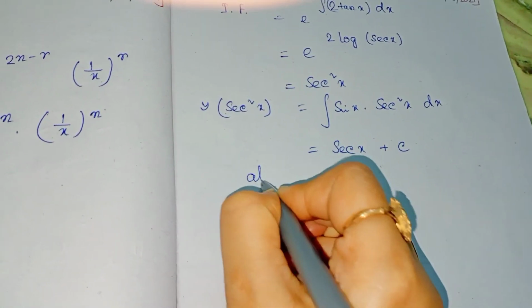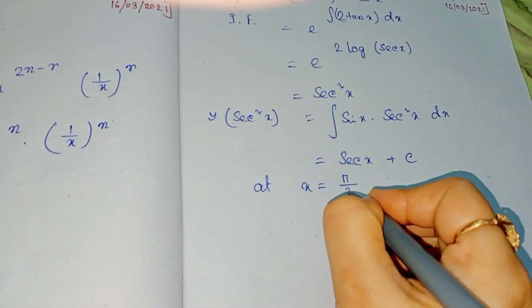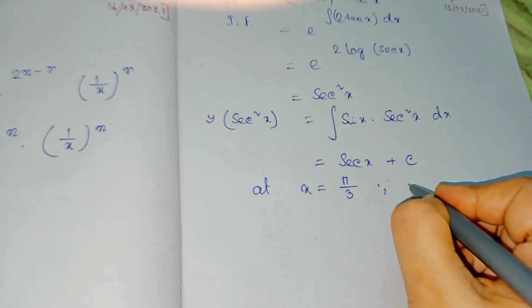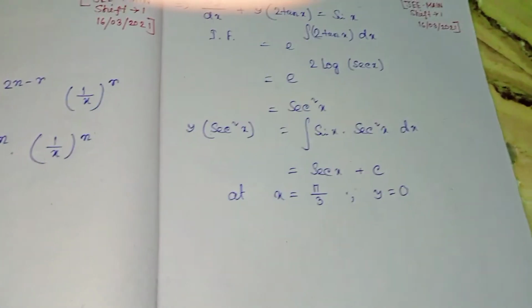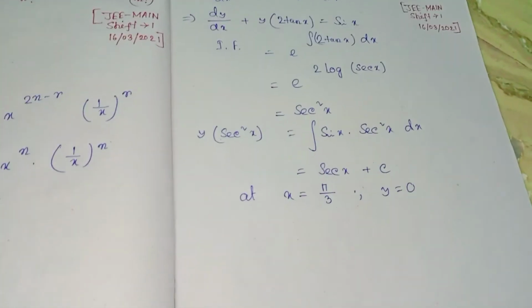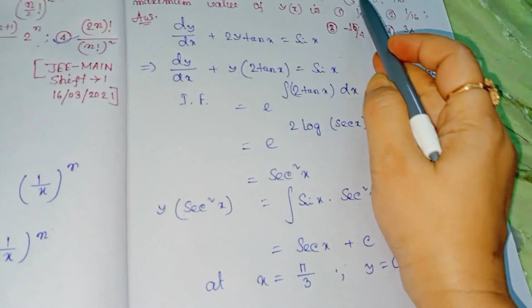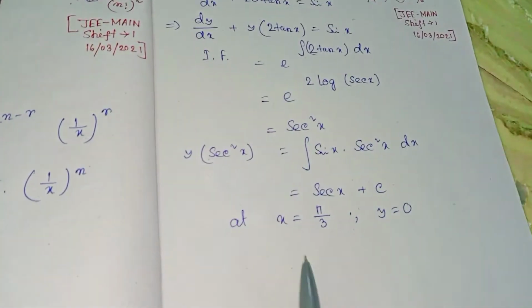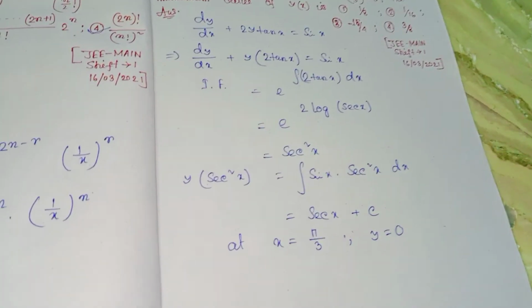At the point x is equal to pi by 3, y is equal to 0, as it is given that y(pi/3) is equal to 0. So when x is equal to pi by 3, y is equal to 0.